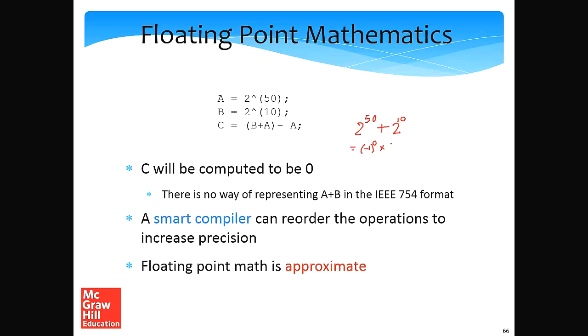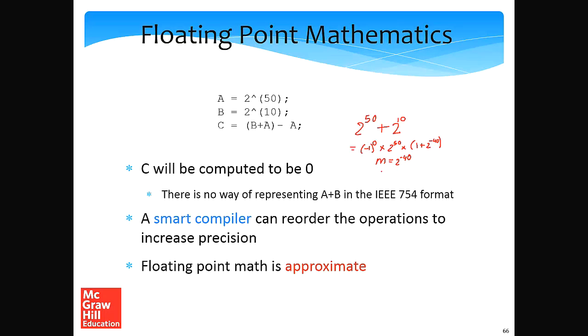The exponent has to be the larger one, can't be the smaller one, so 2 to the power 50, plus the significand has to be something of the form 1 plus 2 to the power minus 40. Right? So this is the only way that we'll be able to represent such a number. So the mantissa has to be 2 to the power minus 40.